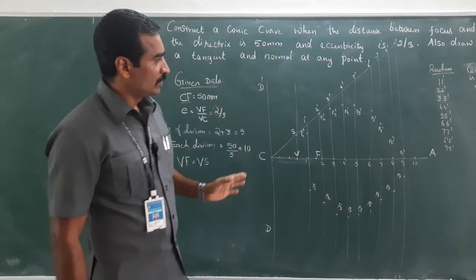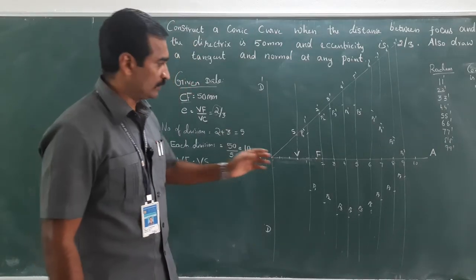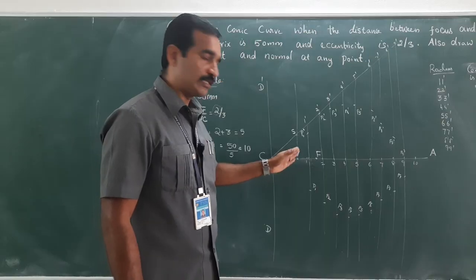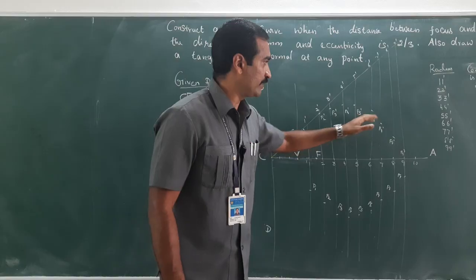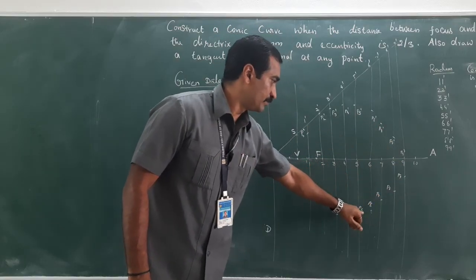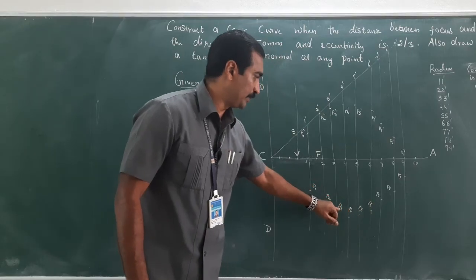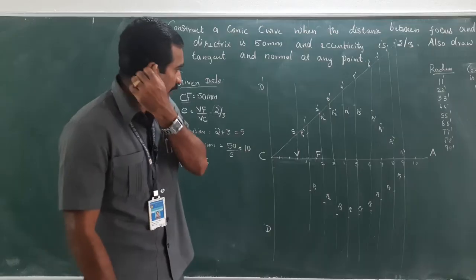So now I am going to join all the moving points starting from V, that is the vertex, P1 dash, P2 dash, P3 dash, P4 dash, P5, P6, P7, P8, P9, then P9, P8, P7, P6, P5, P4, P3, P2, P1, and ends where we started, right?